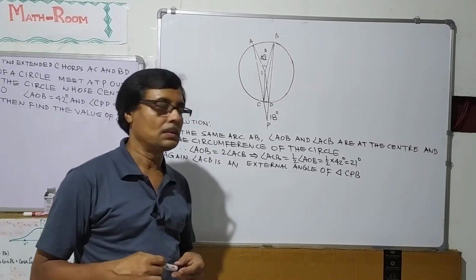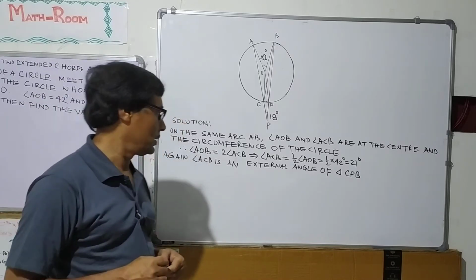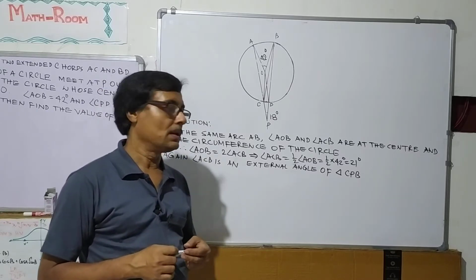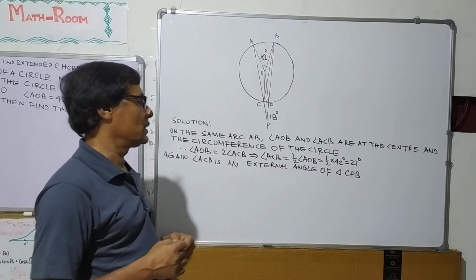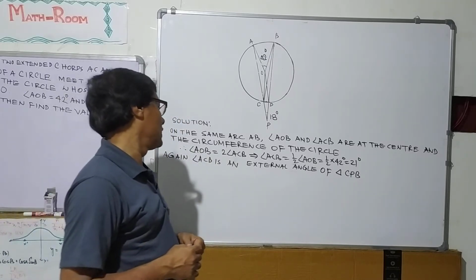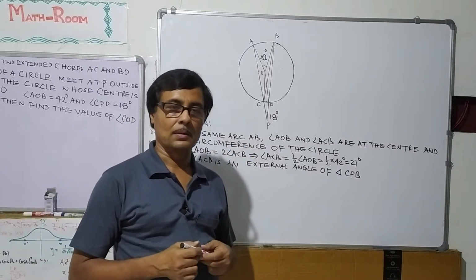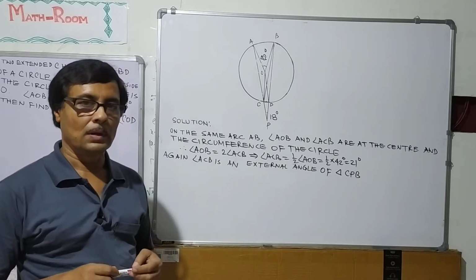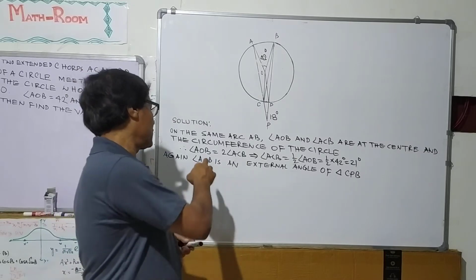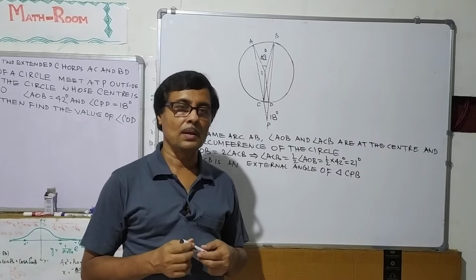We also know the relation between the external angle and the other two opposite internal angles. The external angle is equal to the sum of the two opposite internal angles of the triangle.